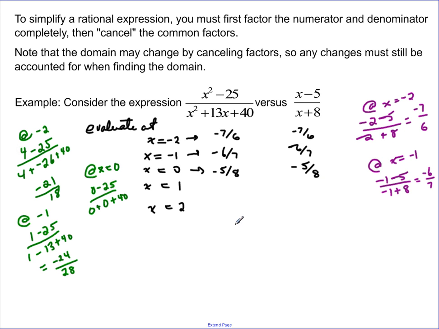So what do you suspect is going on here? What I suspect is that this expression gives the same value of y for every single value of x that you substitute in. I worked out the rest of these, of course. Hopefully you might have paused and tried it out yourself.